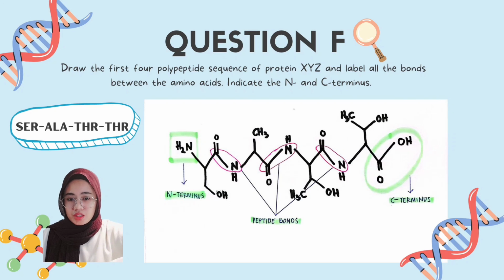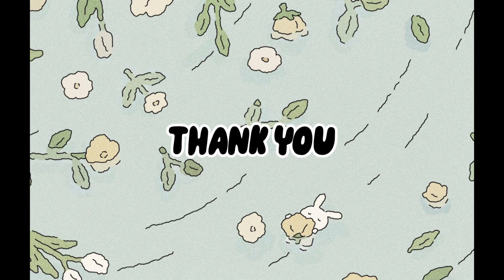The polypeptide sequence is drawn from N terminus to C terminus, where NH2 indicates the N terminus, while C double bond O OH is the C terminus. The 4 amino acids are connected together by peptide bonds that are formed between carbon and nitrogen. That's all from us. Thank you.